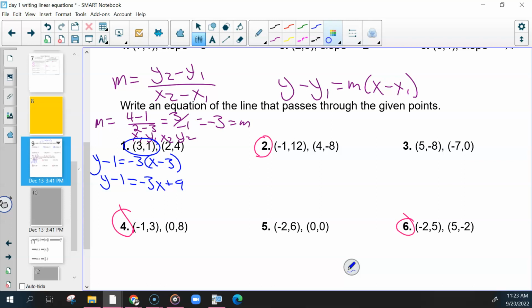And then add 1 to both sides. So y equals negative 3x plus 10 would be your final answer. Do we have any questions on that before I show you the second way?